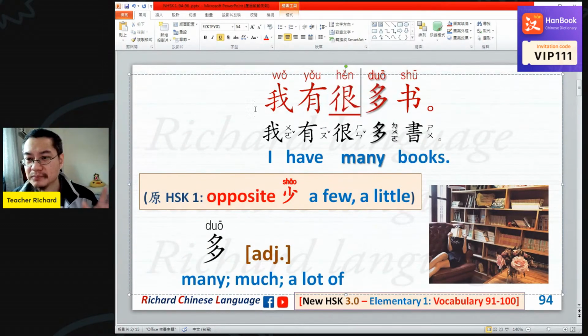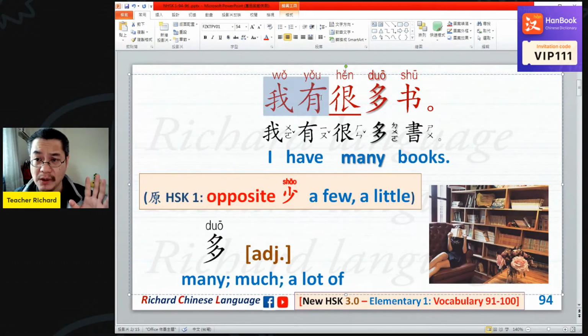我有很多书. Don't say 我有多书. We never say that. We say 我有很多书. 书 means book. So once again, we need a 很, which is a function word for an adjective.